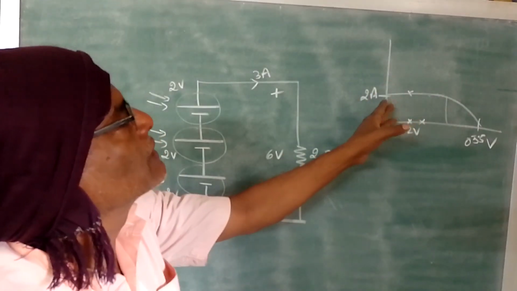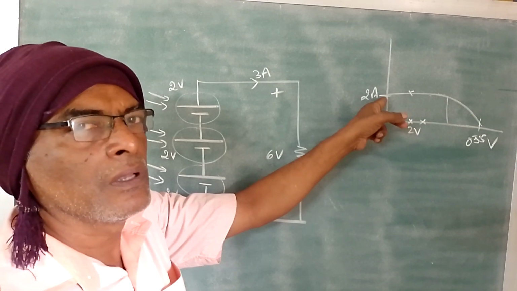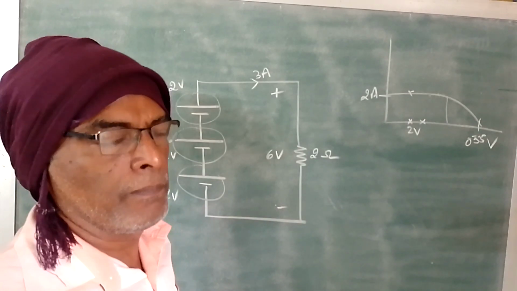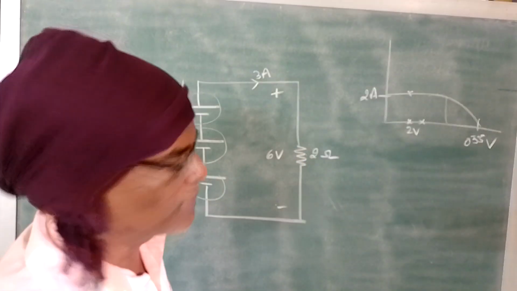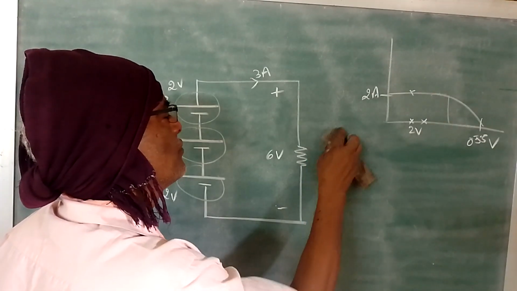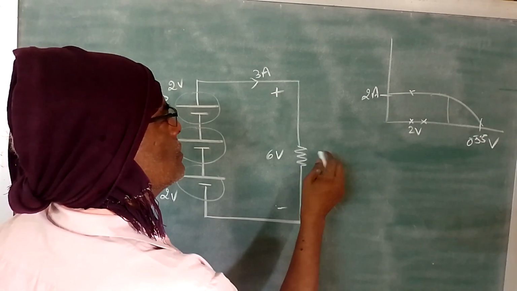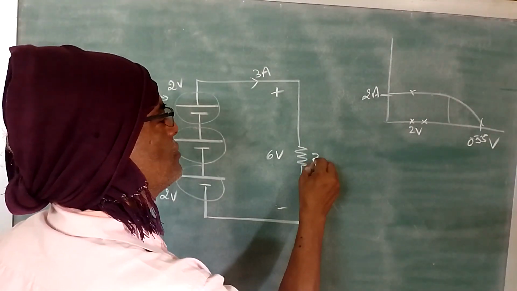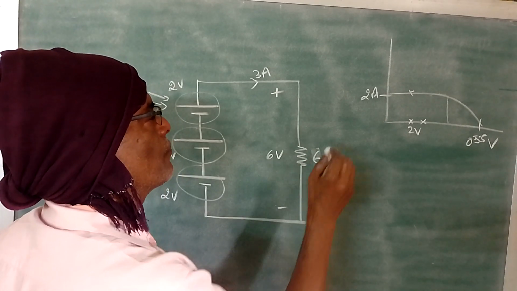Now if you look into the data sheet, it has the ability to supply only 2 amps. Okay. So it has crossed that level. So in that case you must choose a resistance. Say for example, if you want to operate very safely, then suppose I put 6 ohms.